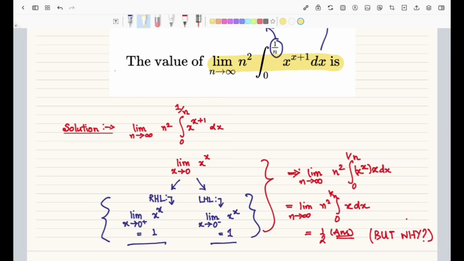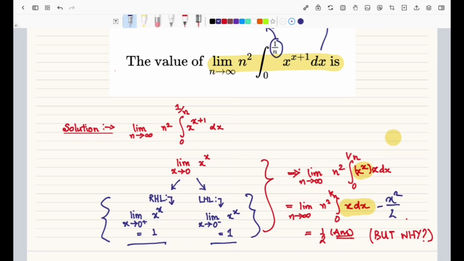So I took x to the power x out as common, and its limit is equal to 1. So I separated out the limit of it as equal to 1, and it just got cancelled out. Now the integral of x dx is x squared by 2.